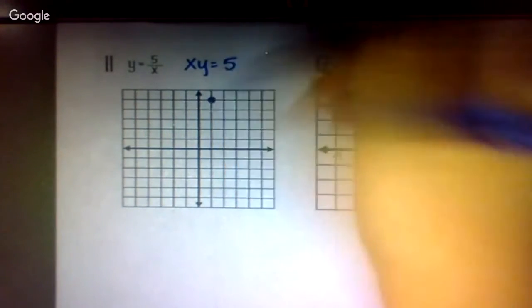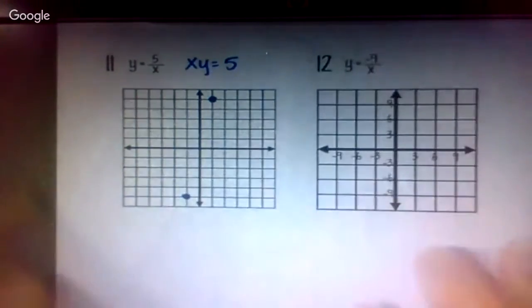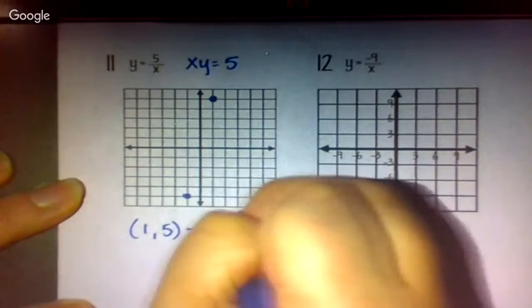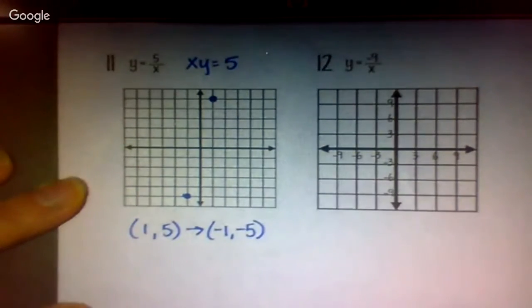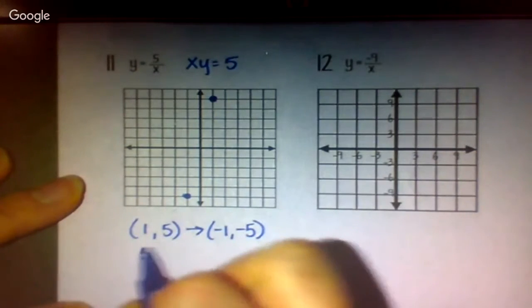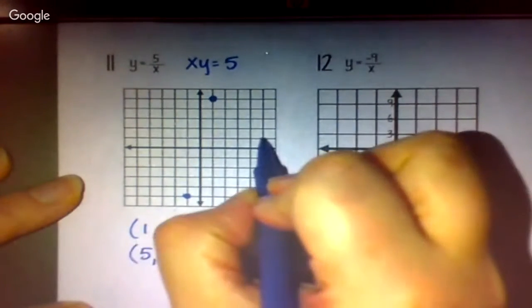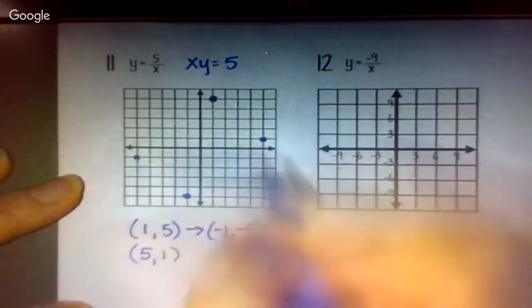Or -1, -5. Don't forget, I can switch these. 1 times 5 is the same thing as 5 times 1, or -5 times -1.